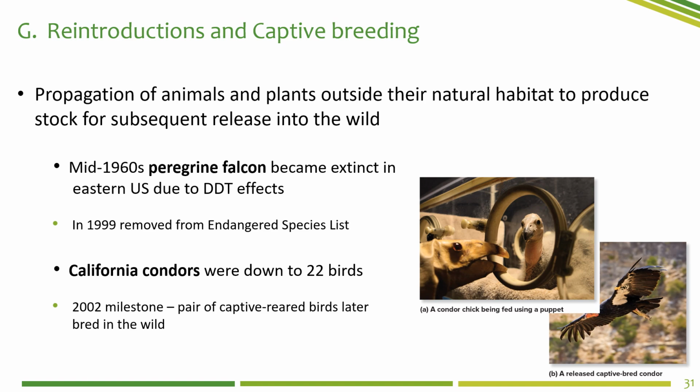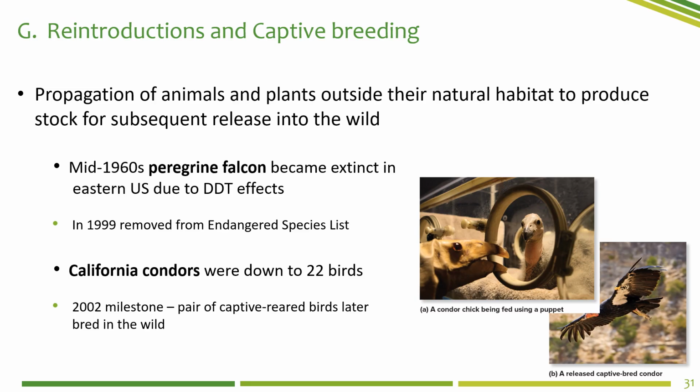Captive breeding is basically just breeding animals outside of their natural habitat with the intent of releasing them into the wild. So this might happen at a rehab facility. It probably wouldn't happen at a zoo. Usually zoos are for animals that can't be released into the wild, but you can do this with pretty much anything that you can keep alive in captivity.